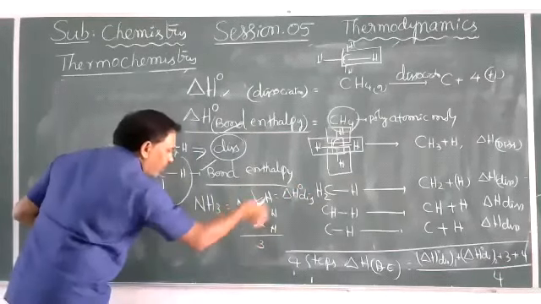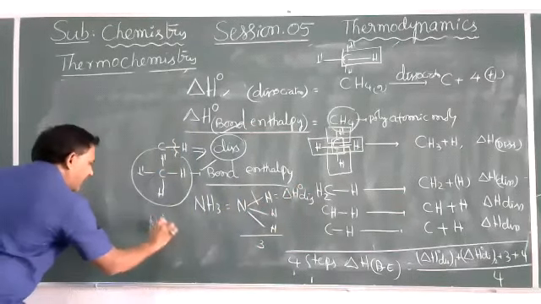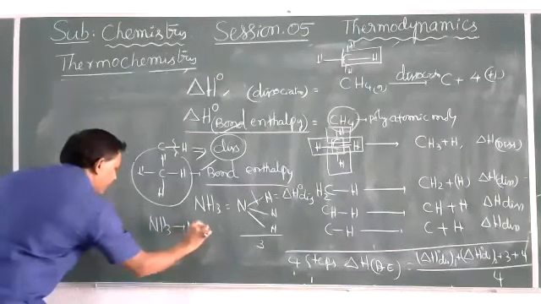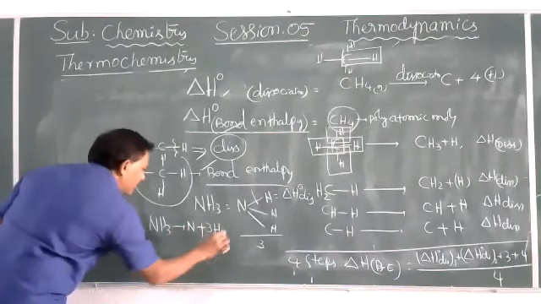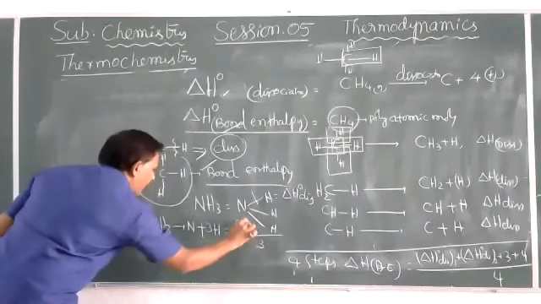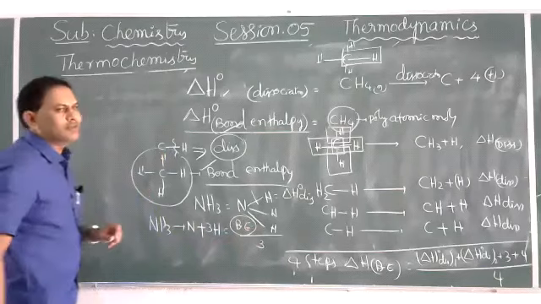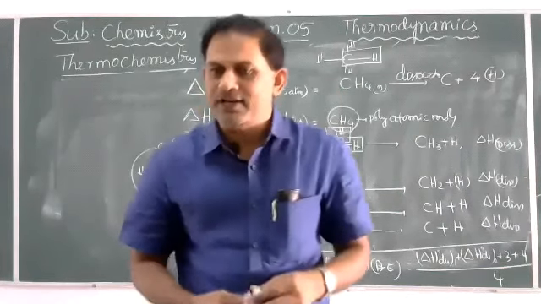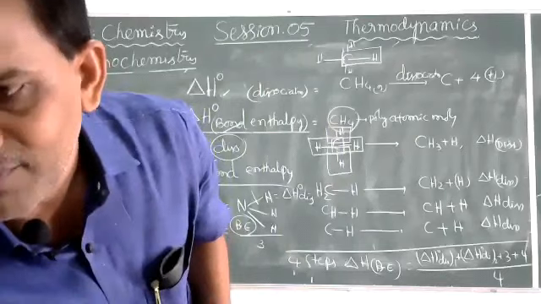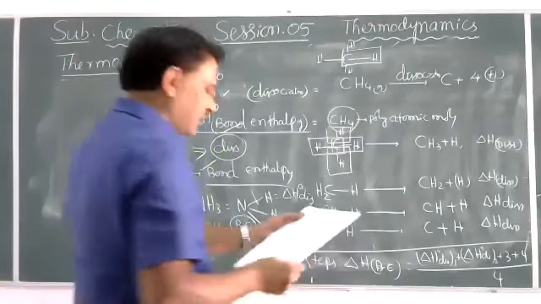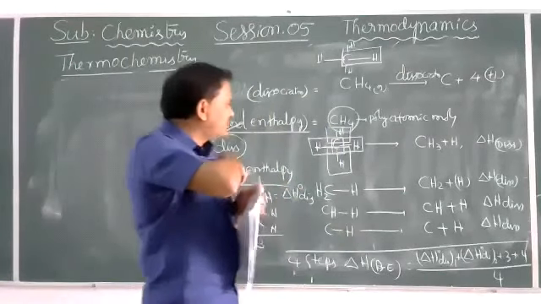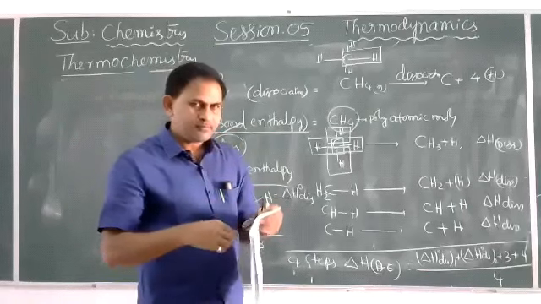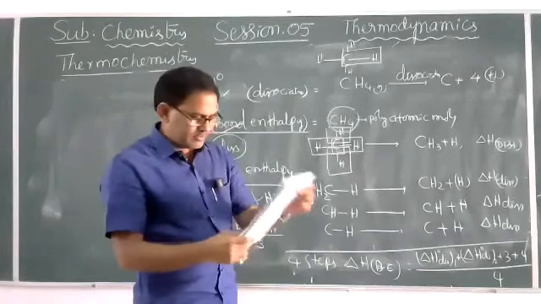But to break all bonds, as NH3 gives N plus 3H, we want bond energy or bond enthalpy. For this, questions have been given continuously for 3 to 4 years in previous examinations. I'll give a simple question based on this directly right now, if you have seen the material.